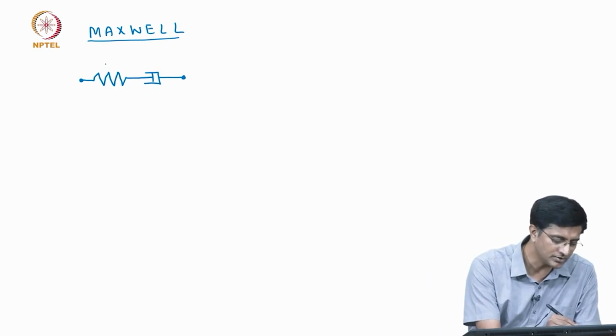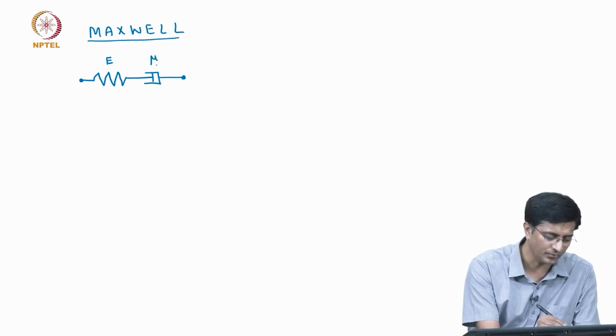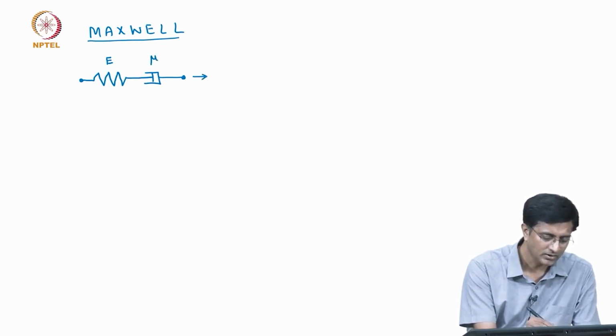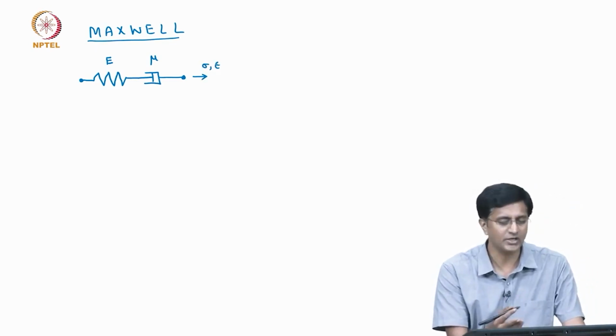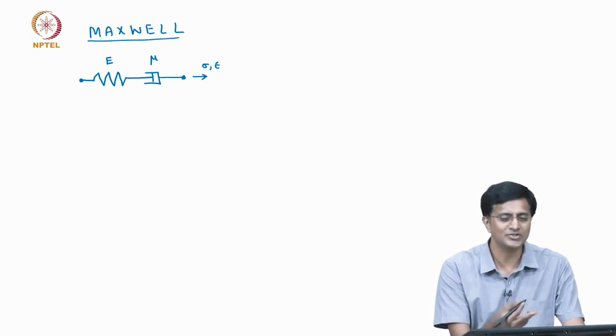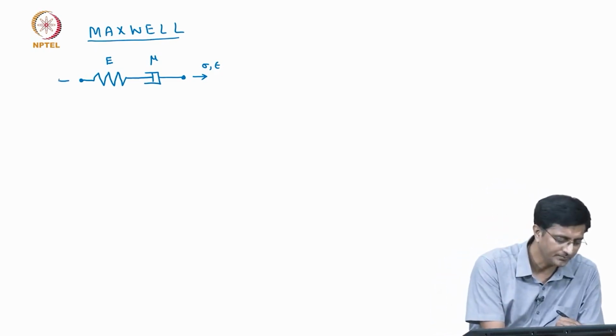We represent this spring with modulus E and the damper with viscosity nu, and at the ends we apply stress or strain. If we apply stress, the response is the strain, and if we apply strain, the response is stress, right.